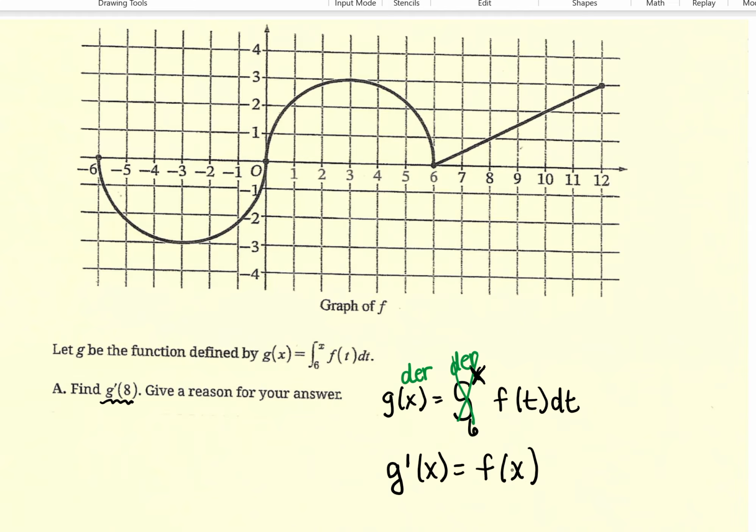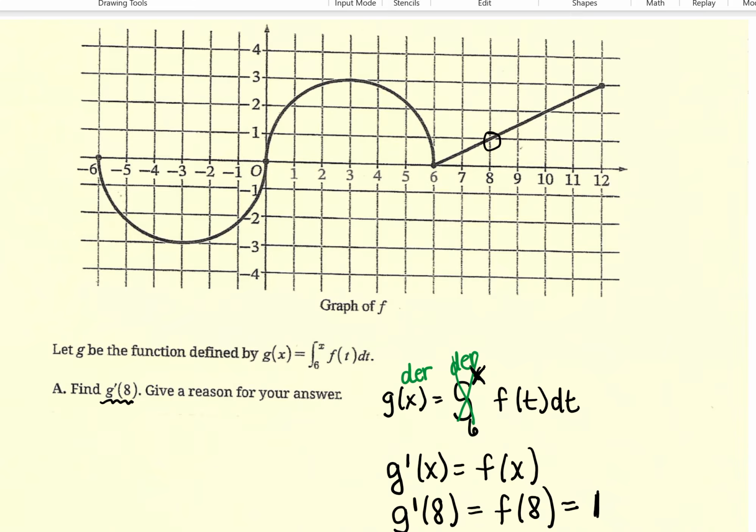We are asked to find g prime of 8, which means we're being asked to find f of 8, which means go to the graph of f, go to where x is equal to 8, trace it up, and that value is 1.